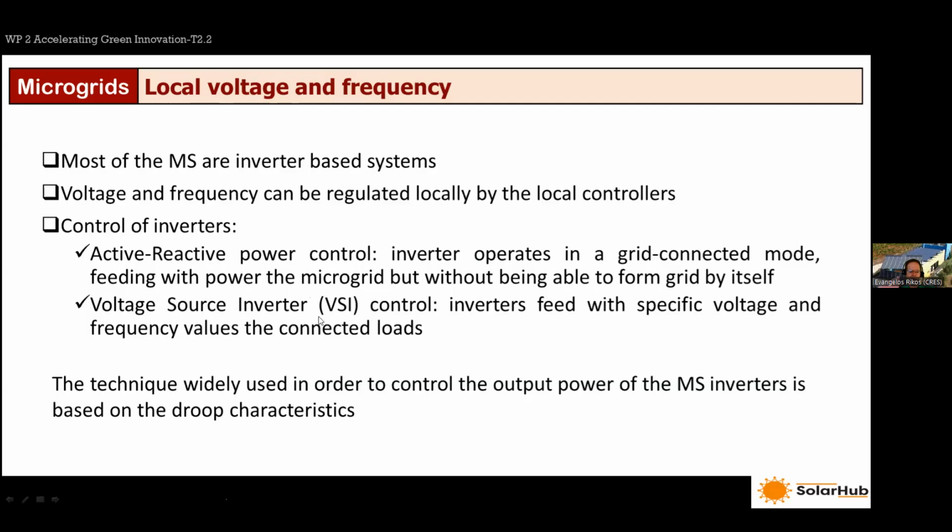And in the case of voltage source inverters, what we control can be the voltage and frequency directly, okay? So this is the main differentiation between grid forming and grid feeding or grid connected inverters, as we talked before. The method that is most widely used for local control of these inverters is the droop characteristics.